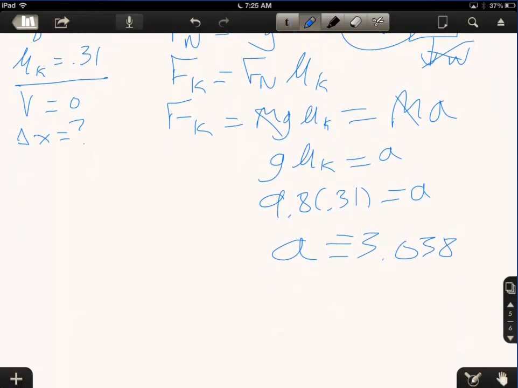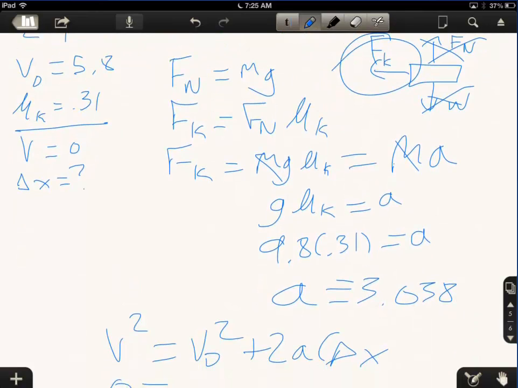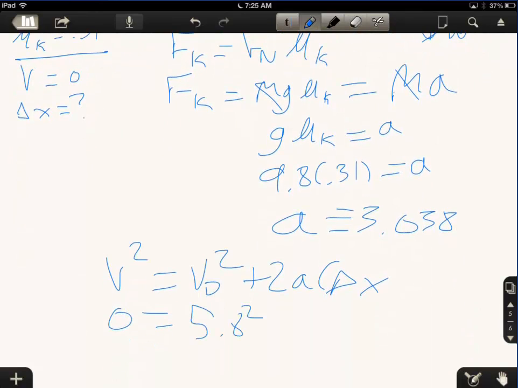So now I can use my equation, final velocity squared equals initial velocity squared plus twice the acceleration times the change in position. So 0 equals 5.8 squared plus 2 times negative 3.038 times delta x.